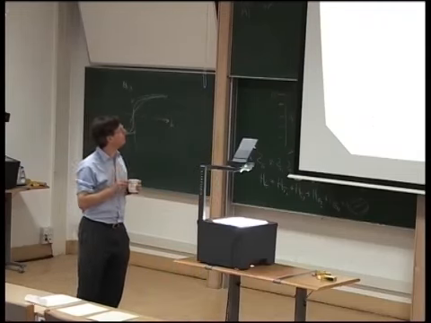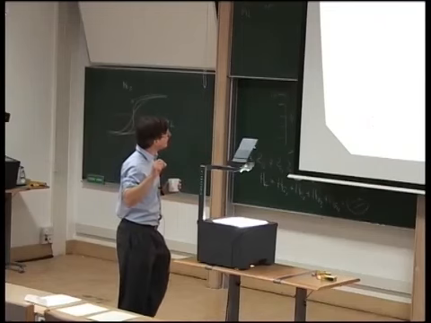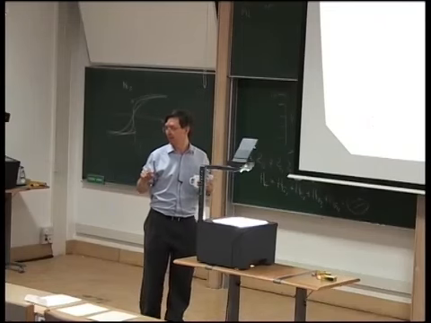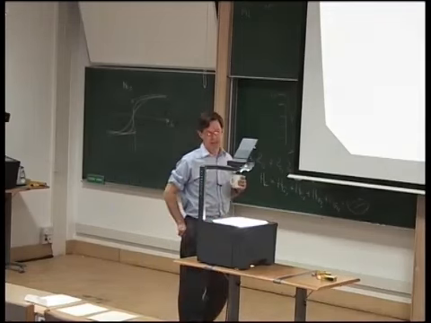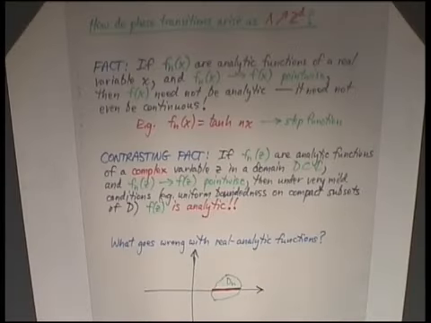And the answer, if you think for a second, is that we fix some interval, some orange interval of the real axis. Each Fn extends to an analytic function in some domain Dn containing that interval. But the Dn's need not be uniform in n. That's the problem.